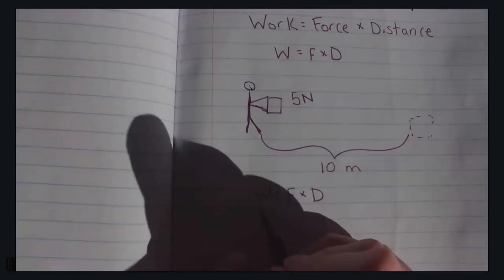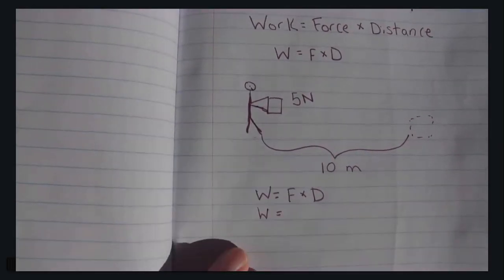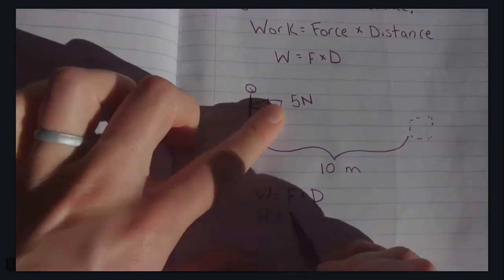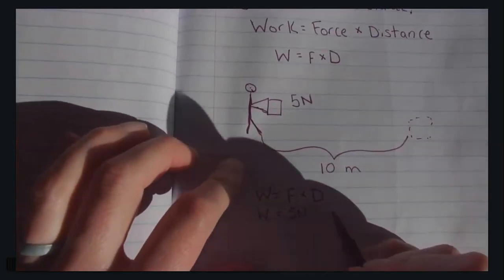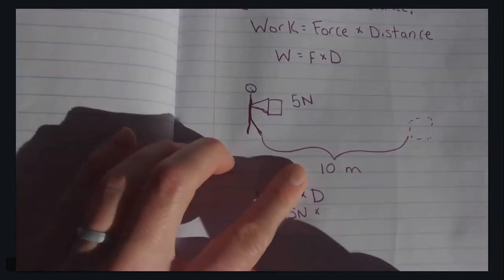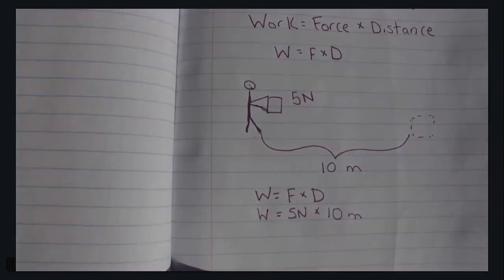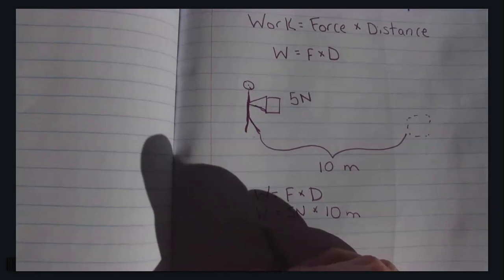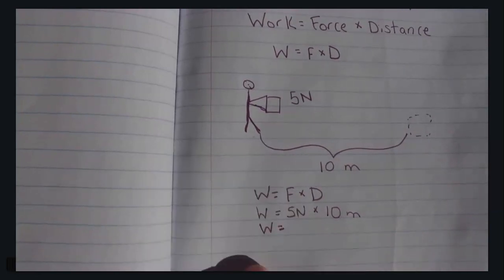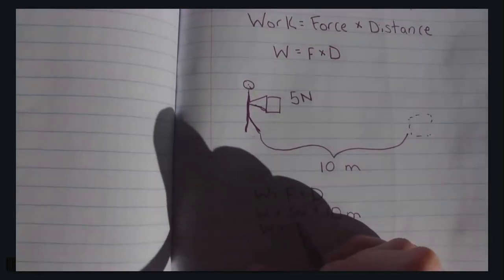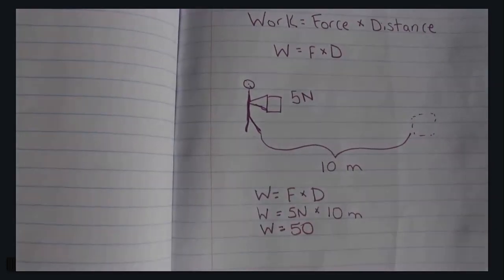So work is equal to force, which is our 5 newtons, times our distance, which is 10 meters. Now, when we multiply those together, 5 times 10 is 50.